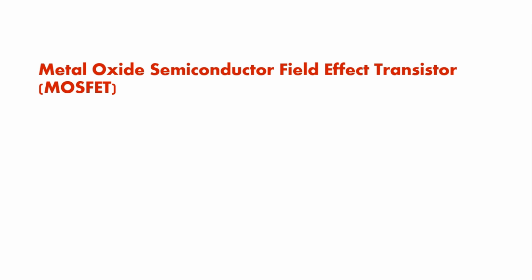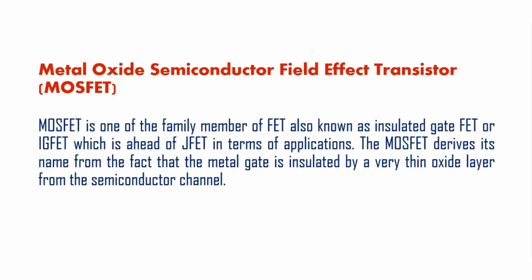The other important member of this family, that is IGFET, is ahead of JFET in terms of its application. This important member, the insulated gate type FET, that is IGFET, is popularly known as metal oxide semiconductor field effect transistor, or we may call it MOSFET.